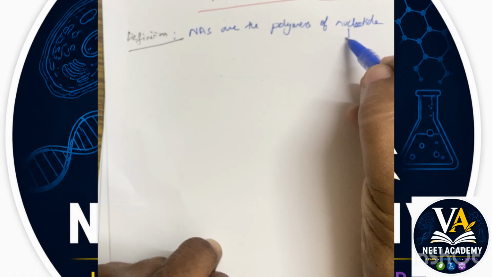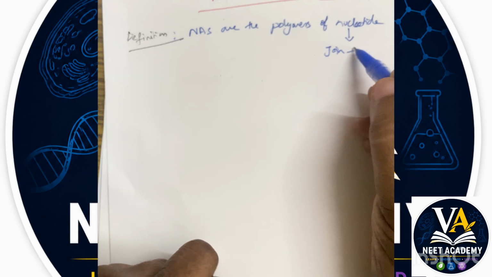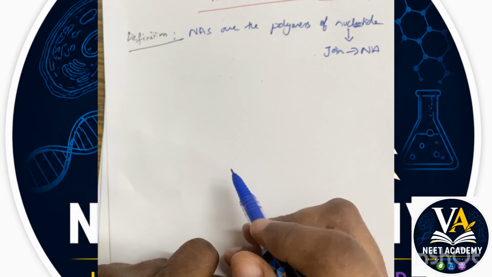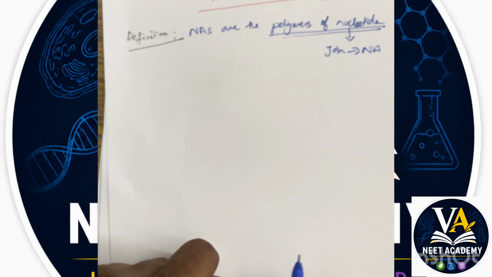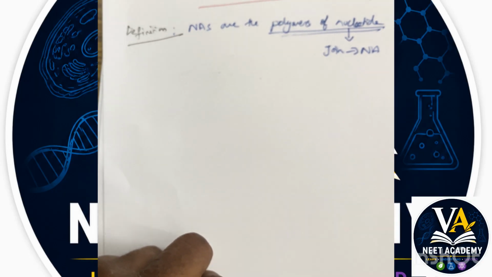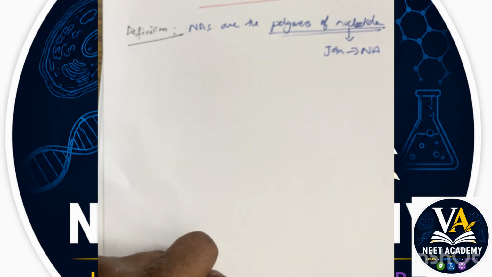So many nucleotides join together to form the nucleic acids. Nucleic acids are the polymer of nucleotide. And what is their role? They play a big role in carrying the genetic information, transferring the genetic information from one generation to another, and also expressing the genetic information. So this is about the definition of a nucleic acid.